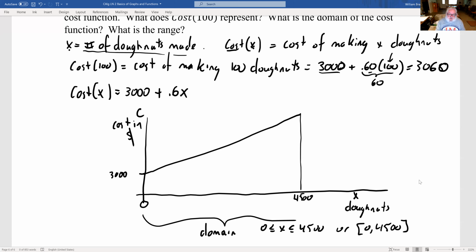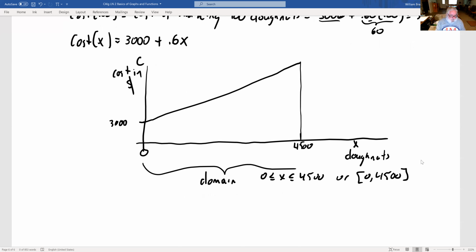The range is a little bit trickier. We have to know how much it costs to make 4,500 donuts. So cost of 4,500 is, according to our formula, 3,000 plus 0.6 times 4,500, which, if we grind that out, should be 5,700.